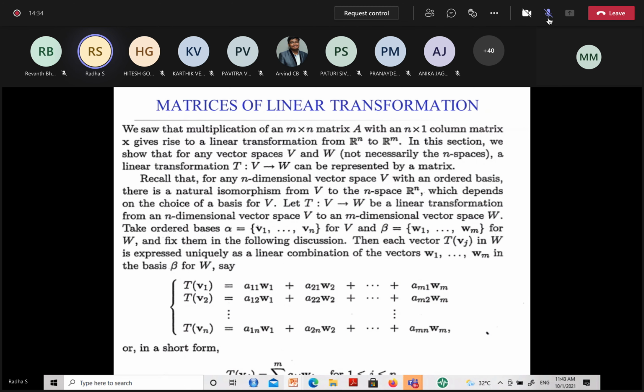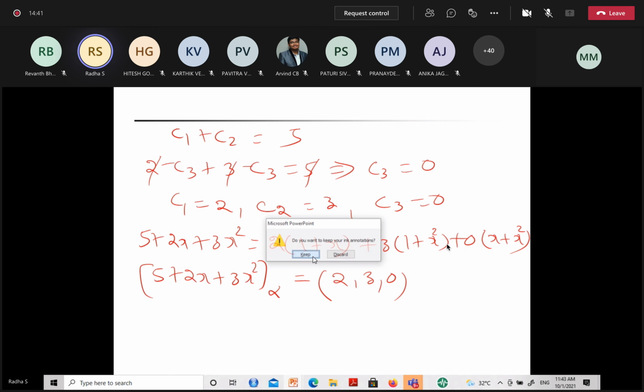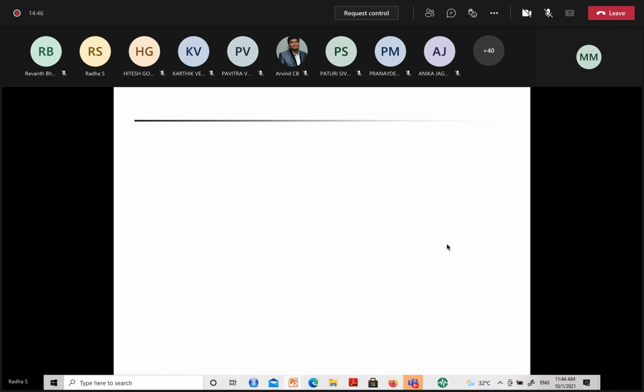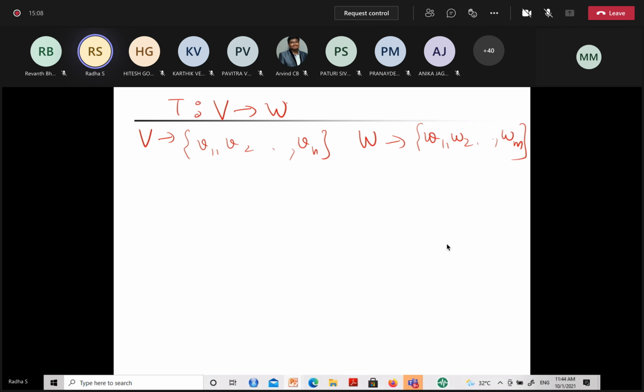The next is matrices of linear transformation. Very important concept. What I do is, T is a linear transformation from V to W. V has a basis V1, V2, etc., Vn, and W has a basis W1, W2, etc., Wm.